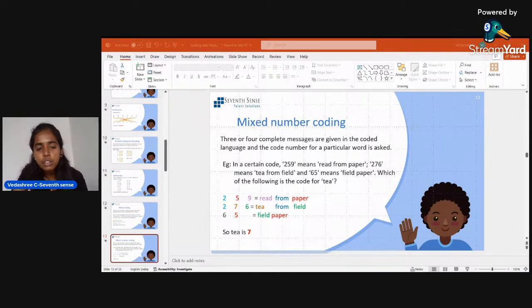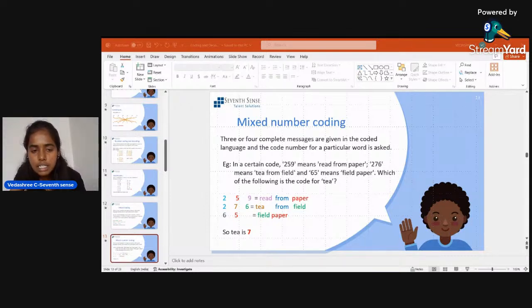Next we'll move on to the next series of letters, that 65 means field paper. Now we'll consider the second and third series of words, that is tea from field and field paper. In this, field is common, field is similar.